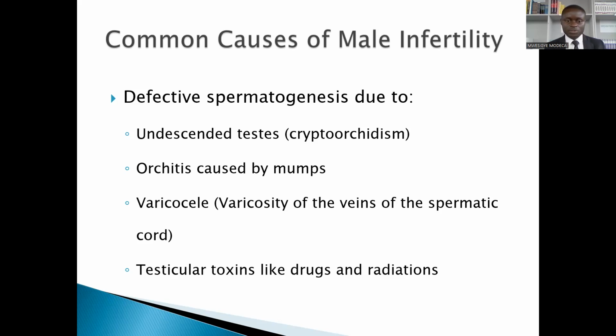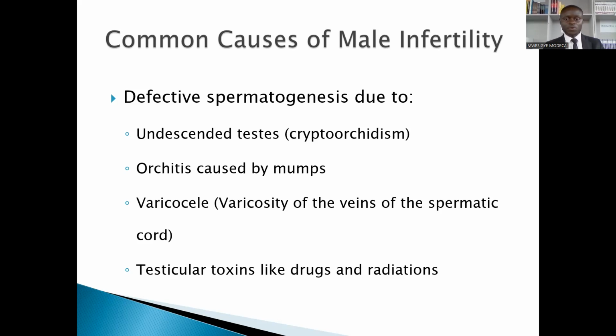Then we talk also about varicocele. Many people, especially gentlemen, who have varicose veins around the scrotum, these many veins around the scrotum increase the temperature, and hence they denature the sperms, and this person is going to produce fewer sperms.